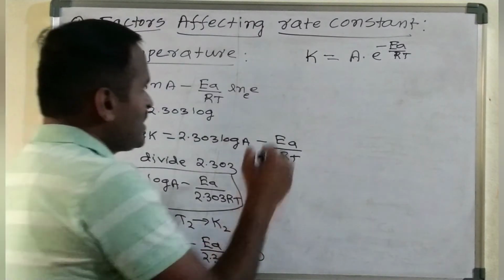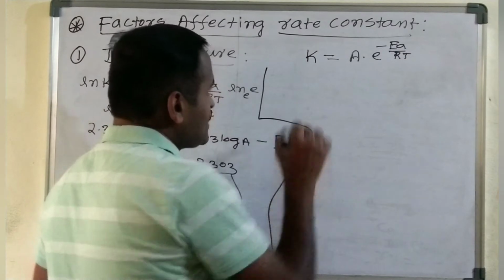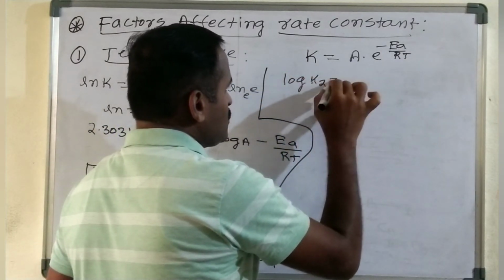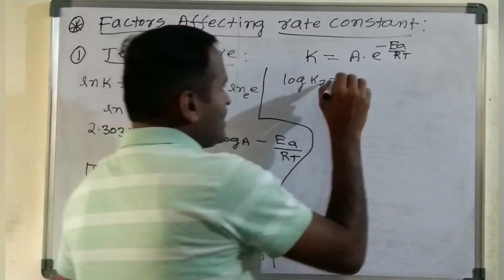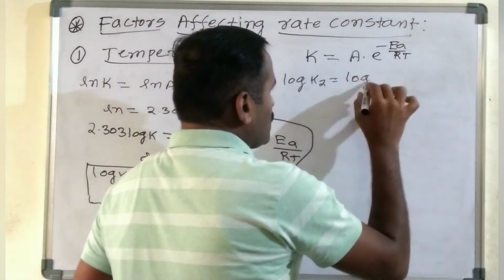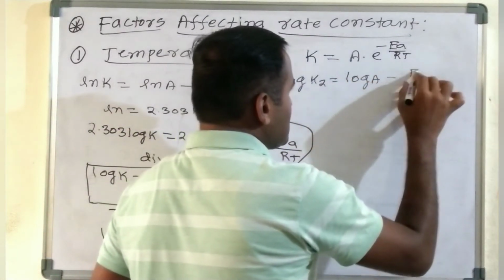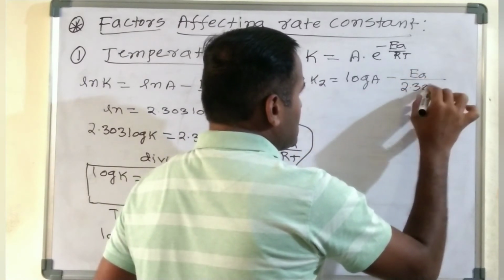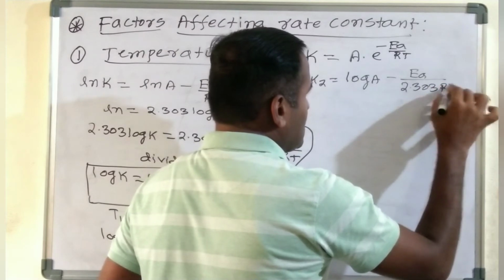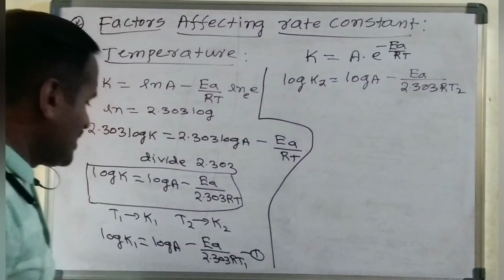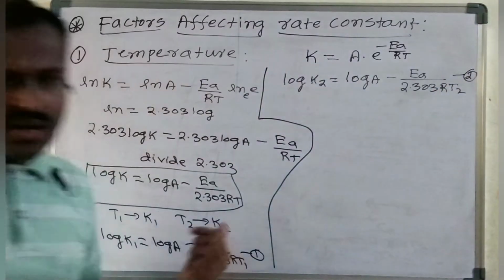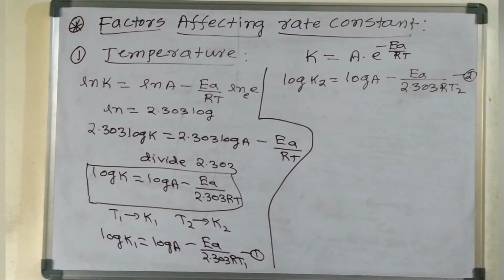At a temperature T2, I can write log k2 = log A - Ea/(2.303 R T2). This is equation 2.